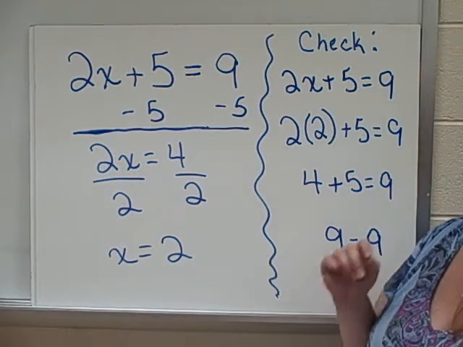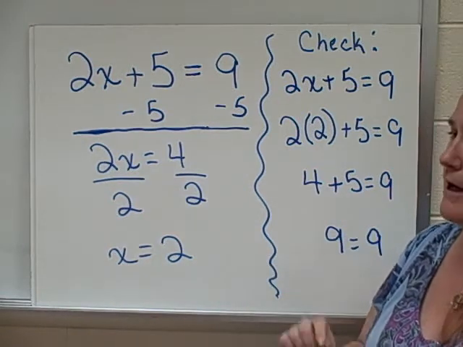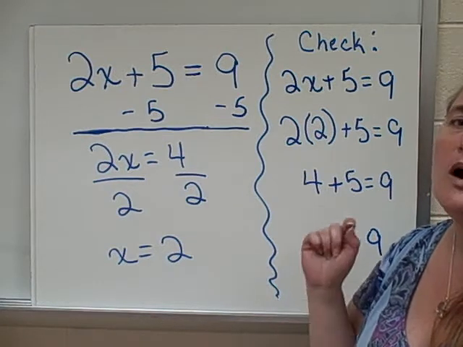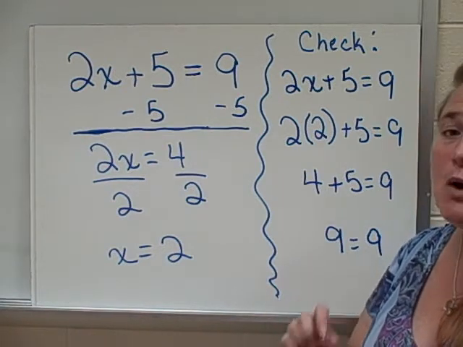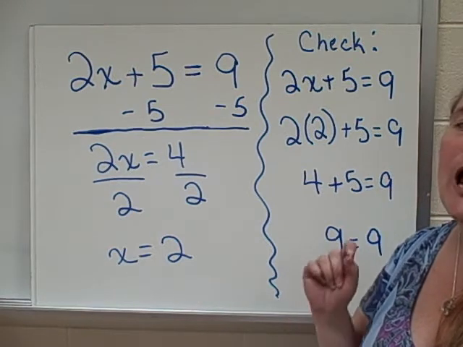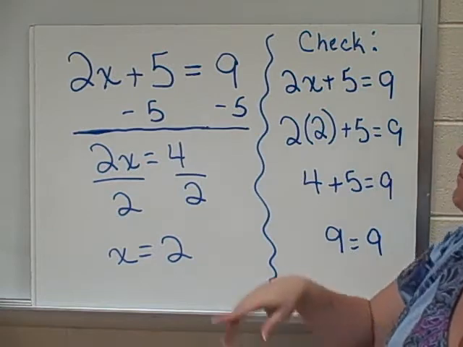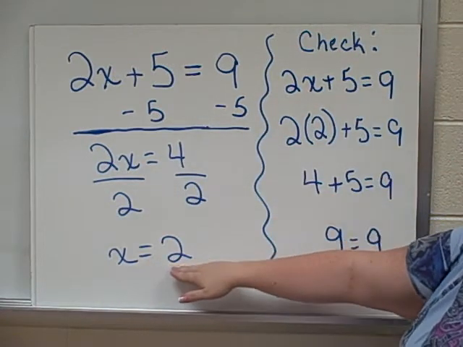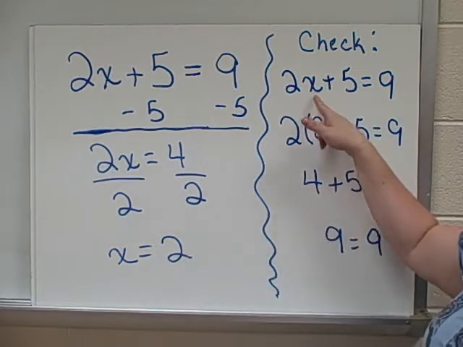Now, it's very important. I don't know how to stress this. You must do checks, and this is what a check looks like. I expect to see checks for every problem. Your check would look like this. You take your answer and you substitute it.